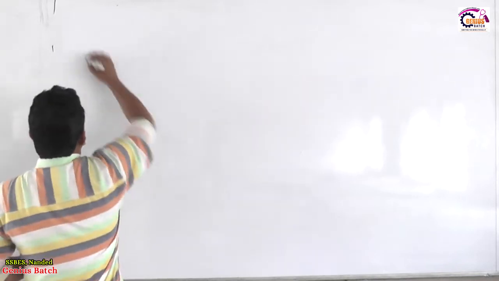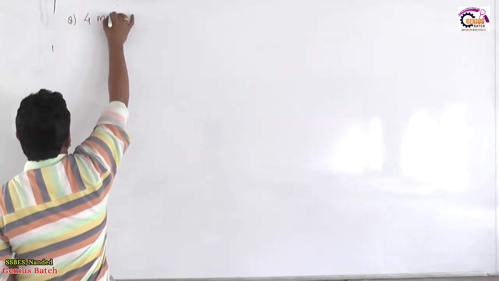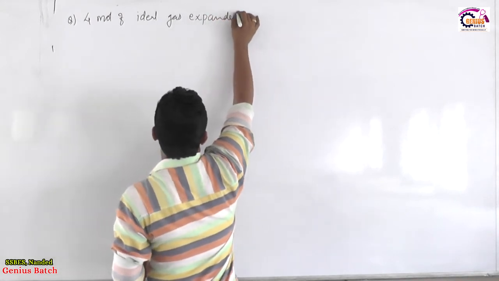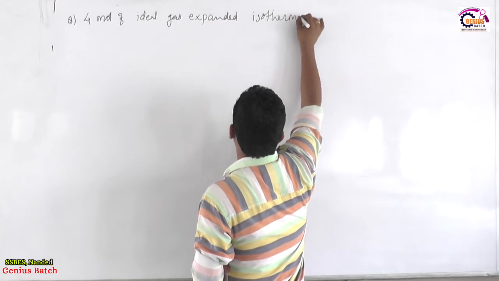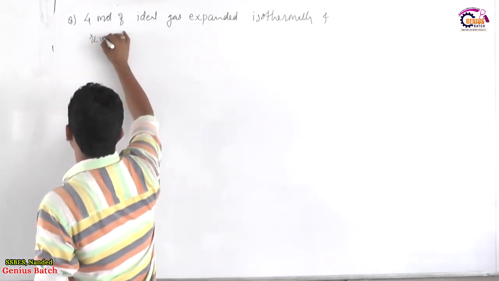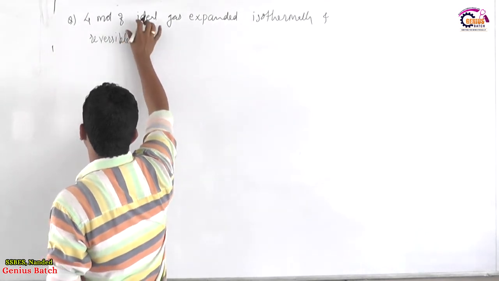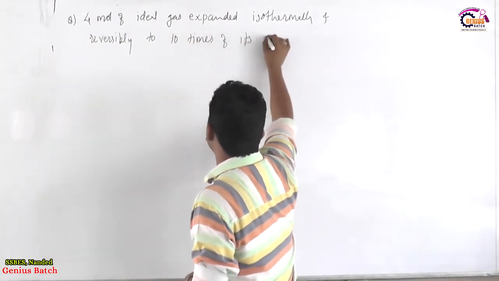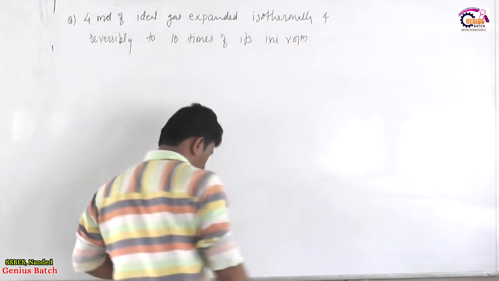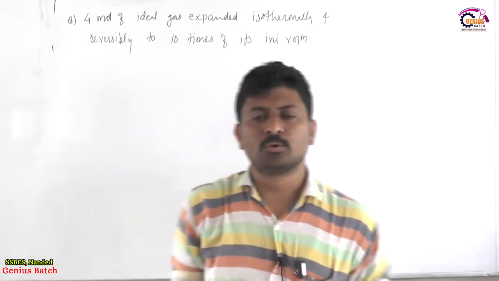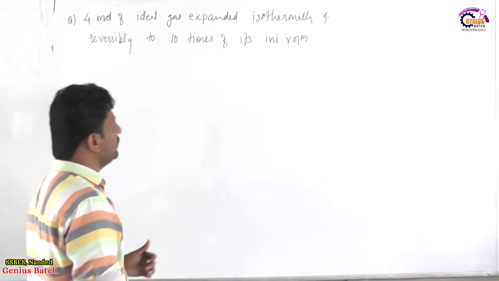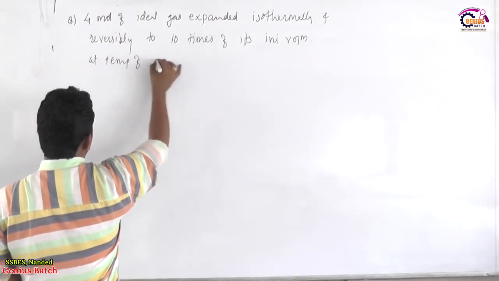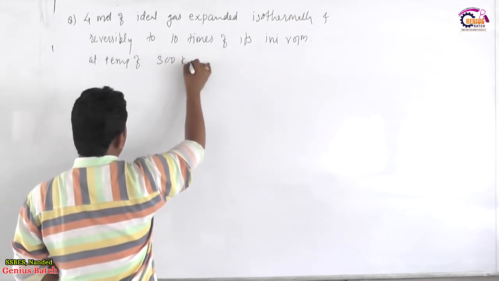Okay. Now suppose the question is: 4 moles of ideal gas are expanded isothermally and reversibly to 10 times of their initial volume at a temperature of 300 Kelvin.